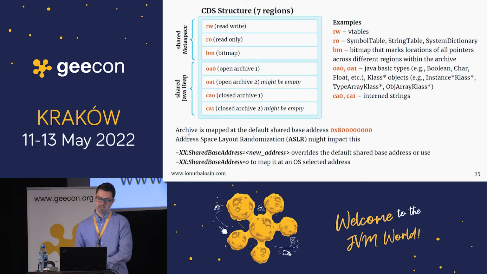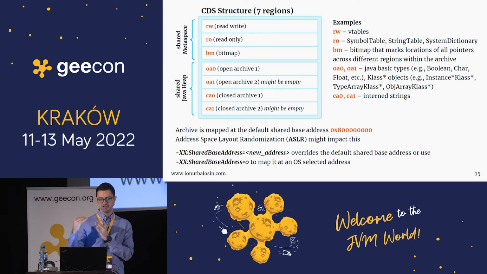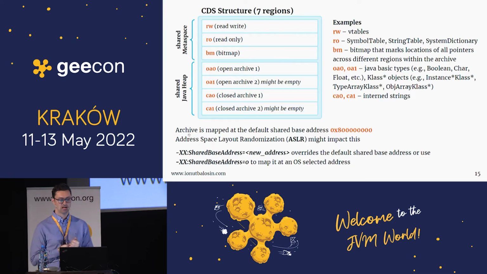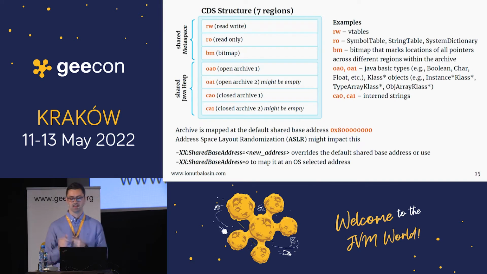Here it's a bit more in depth about the CDS structure. This is a HotSpot representation, of course. Basically, the CDS archive is split into multiple regions. In total, there are 7 regions in HotSpot. Only 5 of them are actually used; 2 of them might sometimes be empty. And of course, each has its own particular purpose.